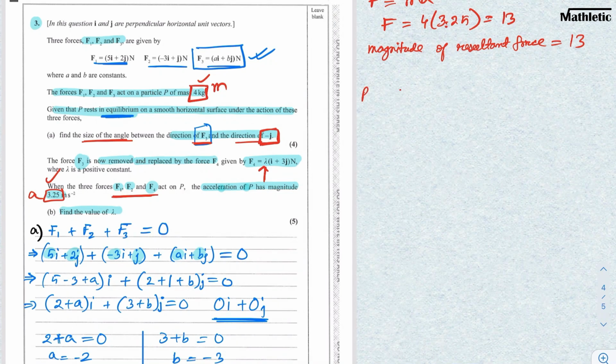Next we can calculate this resultant force, which is the sum of F1, F2 and F4.